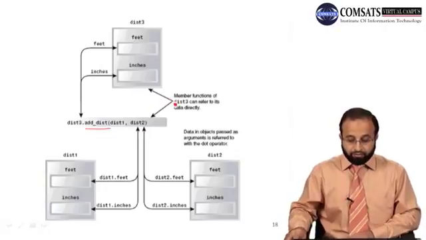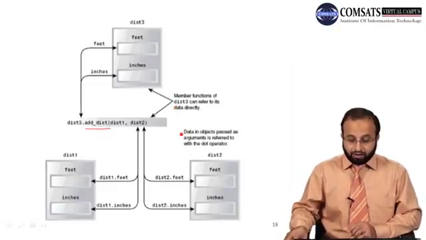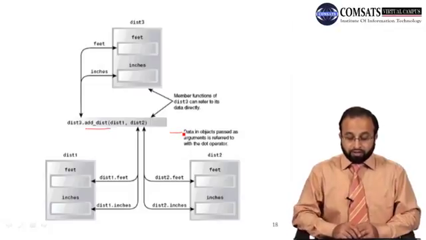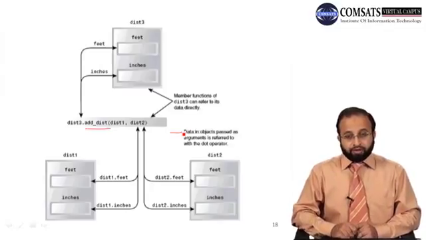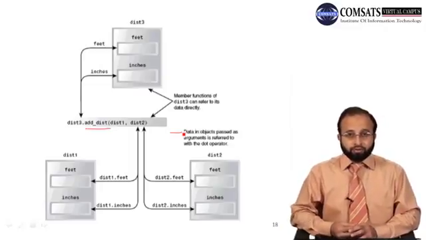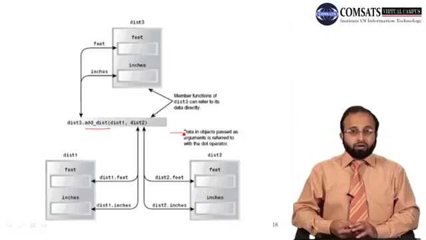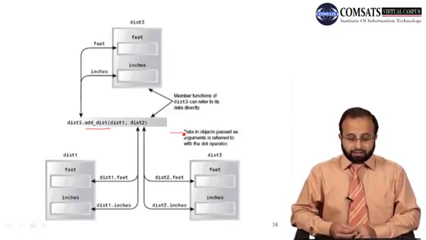So member function of a dest3 can refer to its data directly, but data in objects passed as an argument is referred to with the dot operator. So जो भी डाटा आपने as a argument object as a argument उस फंक्शन को पास किया है, उस ऑब्जेक्ट के प्राइवेट डाटा मेंबर आप डॉट ऑपरेटर से एक्सेस कर सकते हैं.